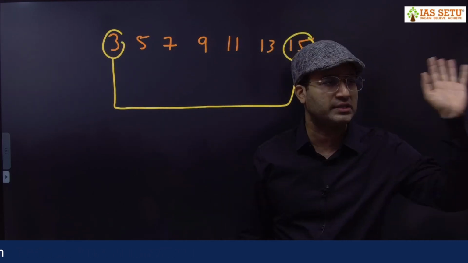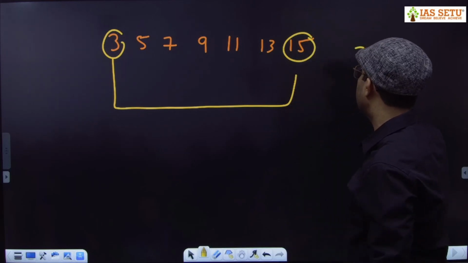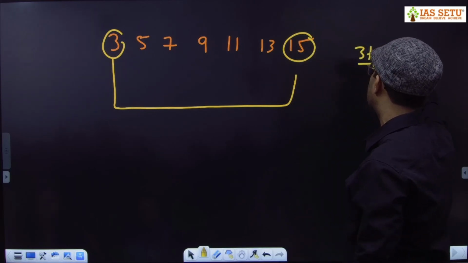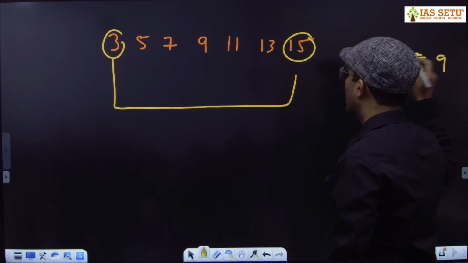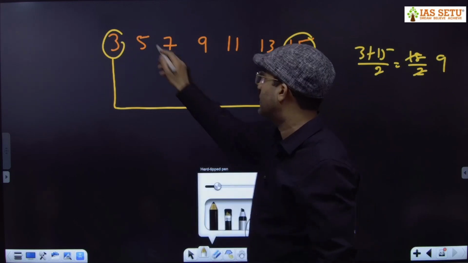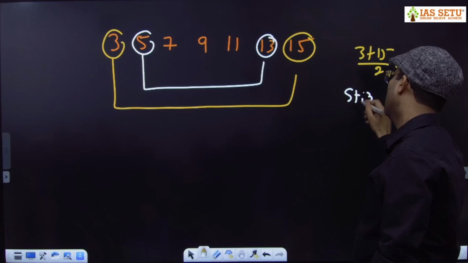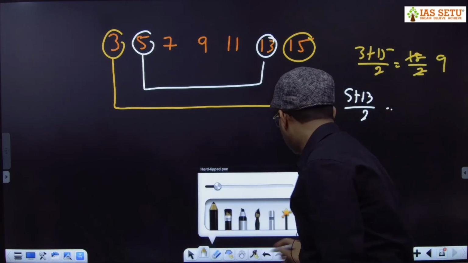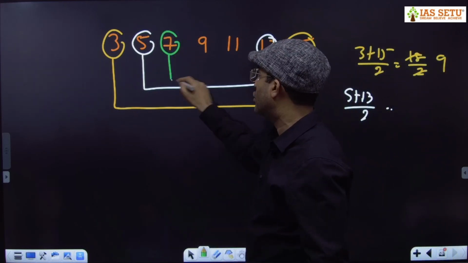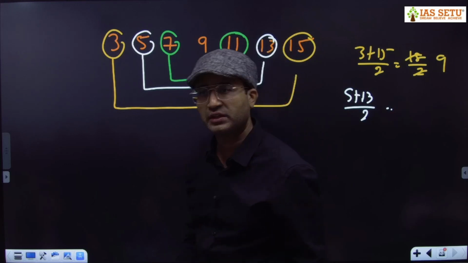First term with last term is sufficient. 3 and 15 together are sufficient to tell you the average. Second term from starting, second term from last is also sufficient. Third term from starting will make a corresponding pair with the third term from the last.